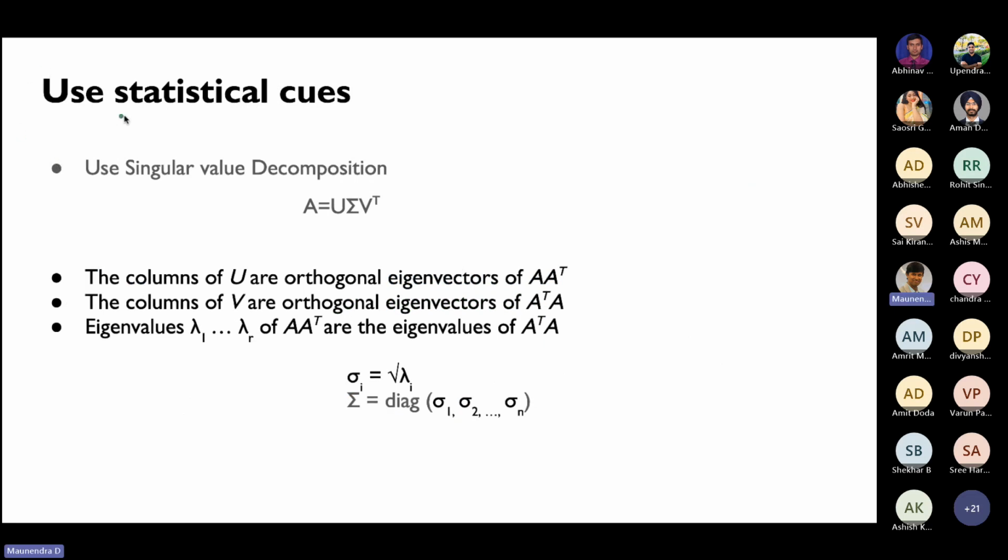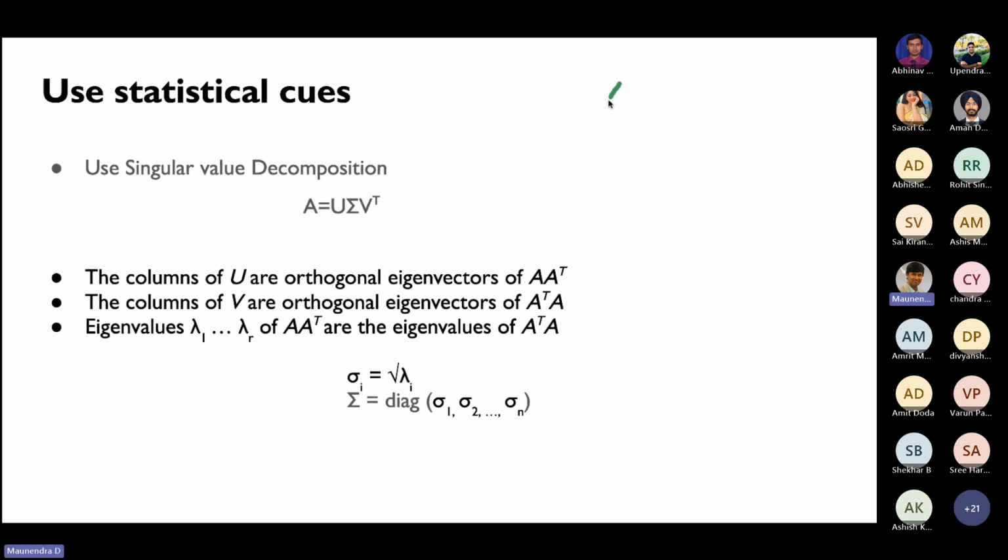So the first one was using the statistical cues, where we make use of a very solid, mathematically supported technique called singular value decomposition. I believe it might have been covered in your linear algebra course also.